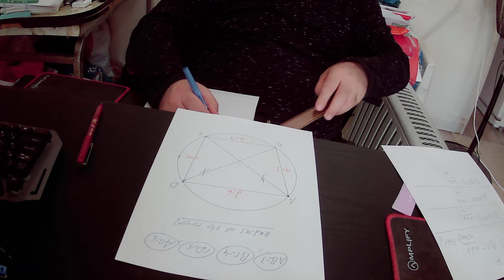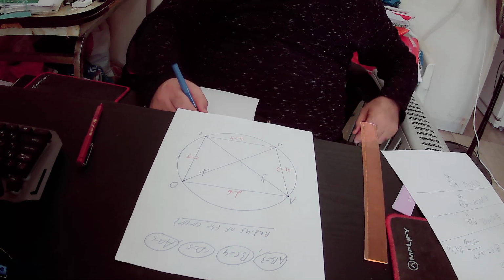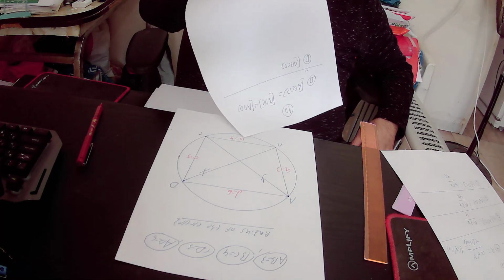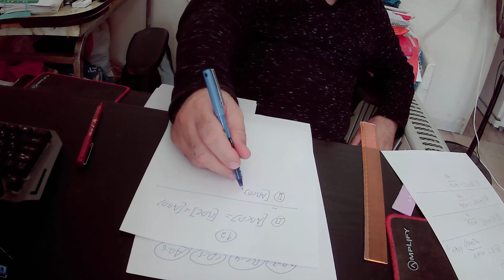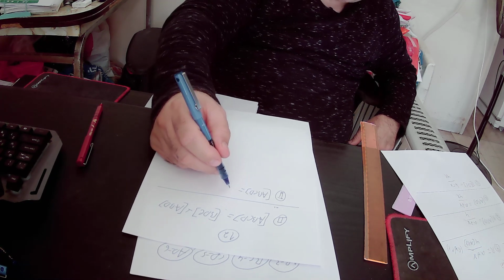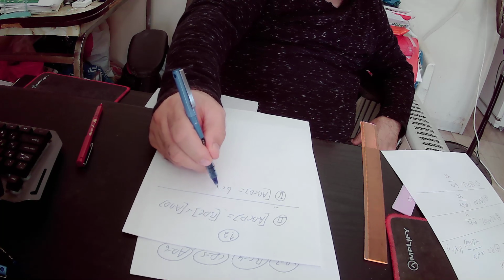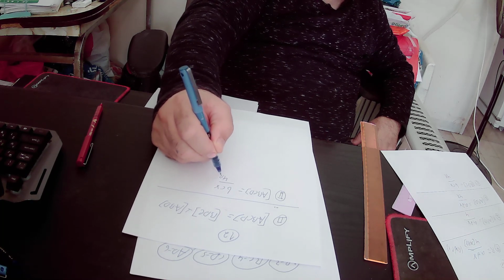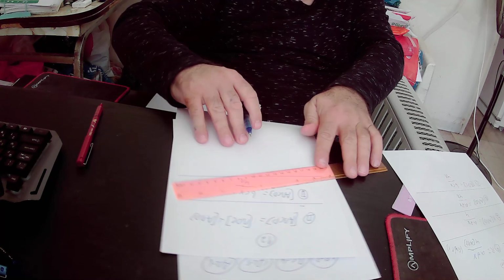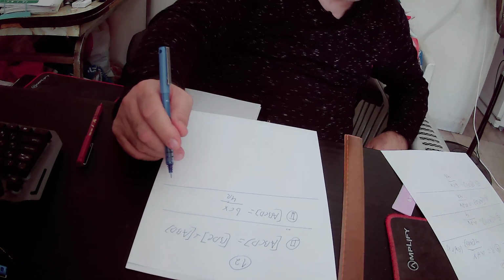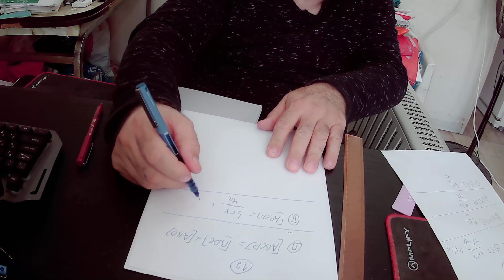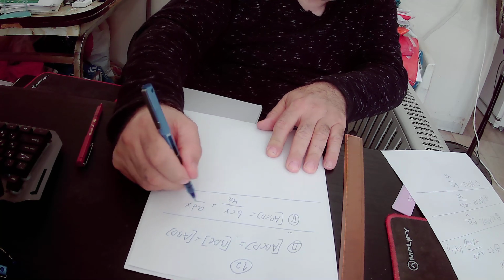So the area of quadrilateral ABCD will be equal to the area of triangle BDC, but we have already found out that the area of triangle BDC equals BCX over 4R, plus the area of triangle ABD, which we have already found equals ADX over 4R.